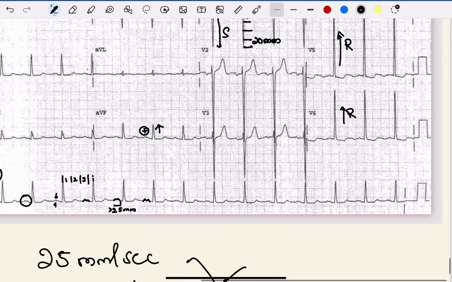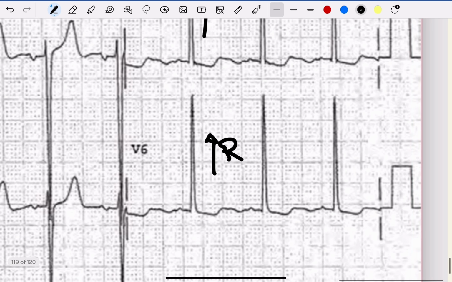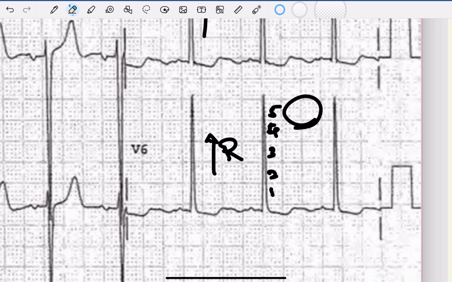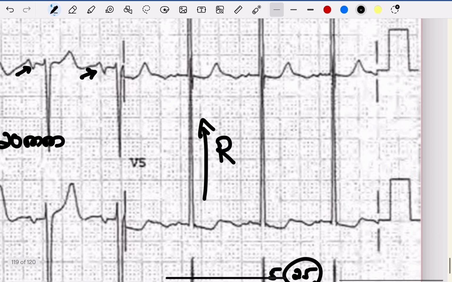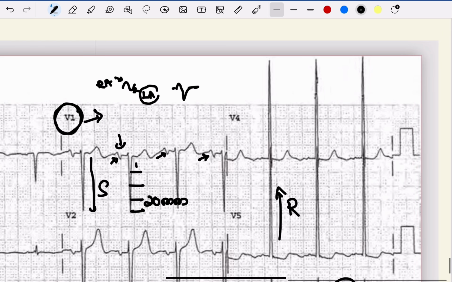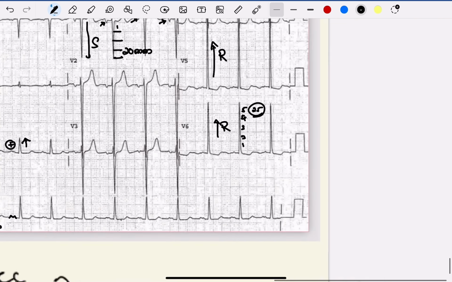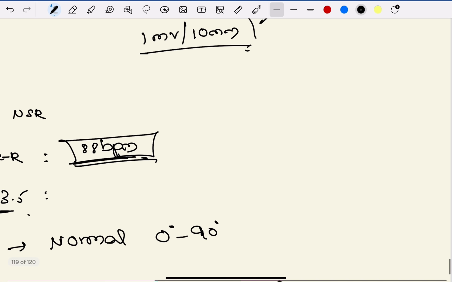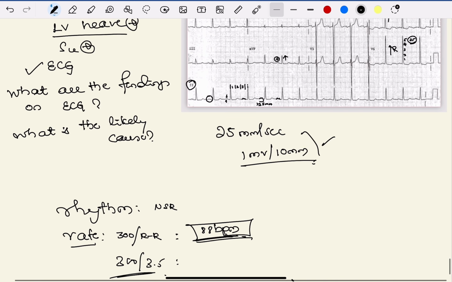What is the R wave amplitude in V6? 1 box, 2 box, 3 box, 4, 5. So 30. Sorry, here it is 25. 25 plus 20, it is 45 mm, which is more. So one voltage criterion is satisfied.